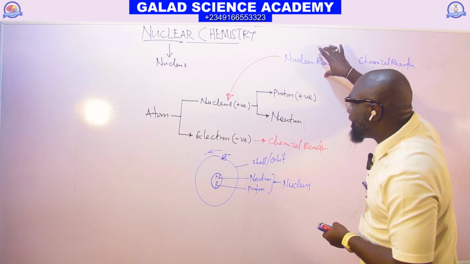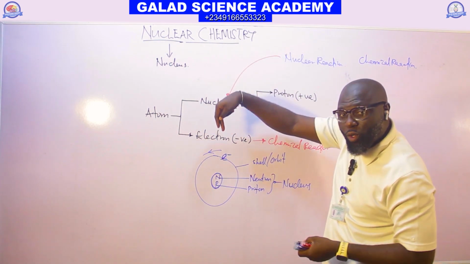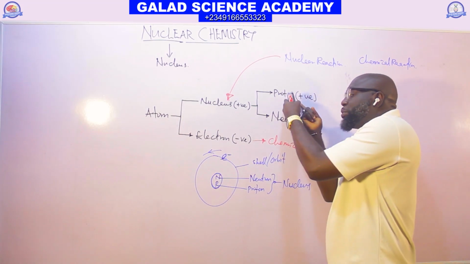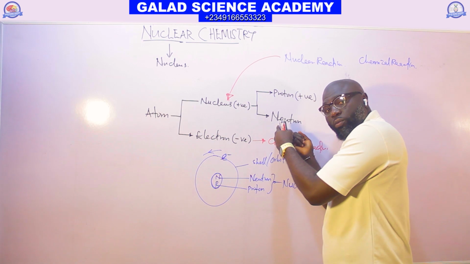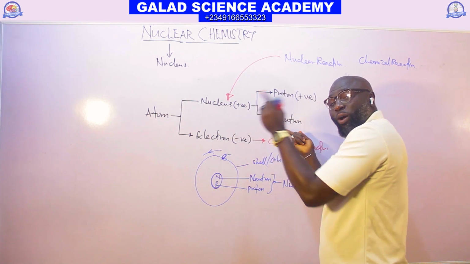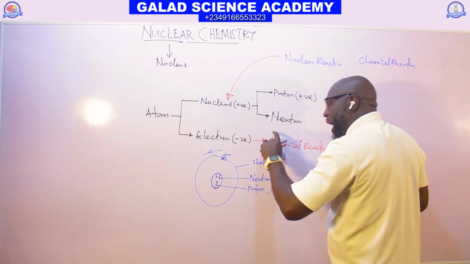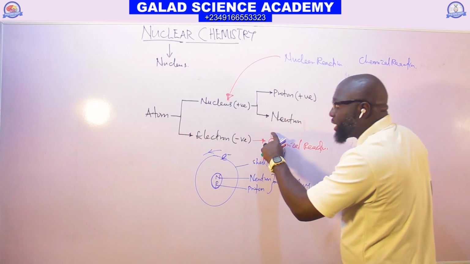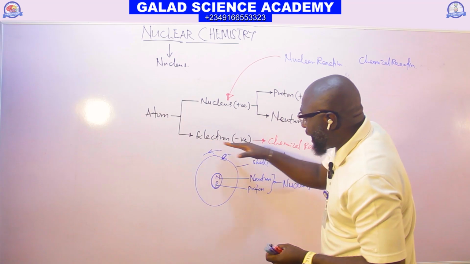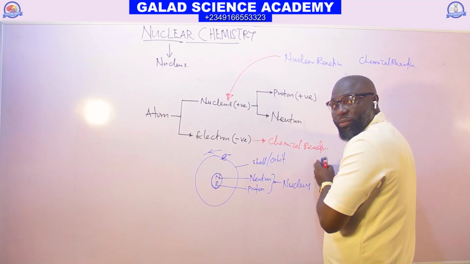So nuclear reaction is a reaction that takes place inside the nucleus of an atom, which involves the proton and neutron. But the reaction that involves the transfer of electron is called chemical reaction. Out of the three particles of the atom, the electron is the one involved in chemical reaction.